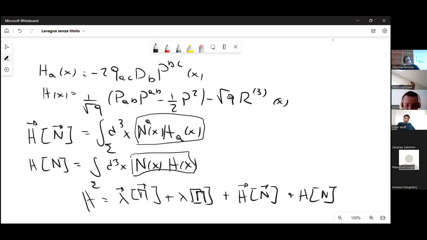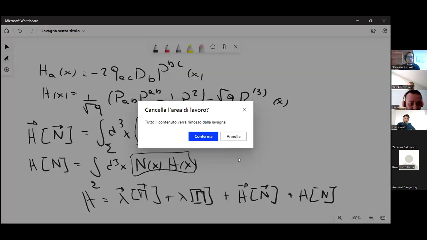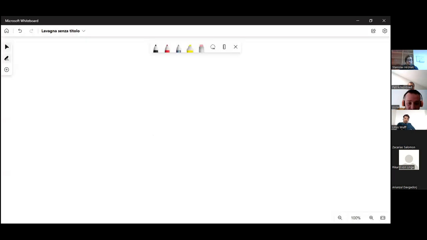And so we want to compute the Poisson bracket, instead of between H_a evaluated at a point x of the manifold, between the smeared ones. It's quite long to do, but it's quite important.